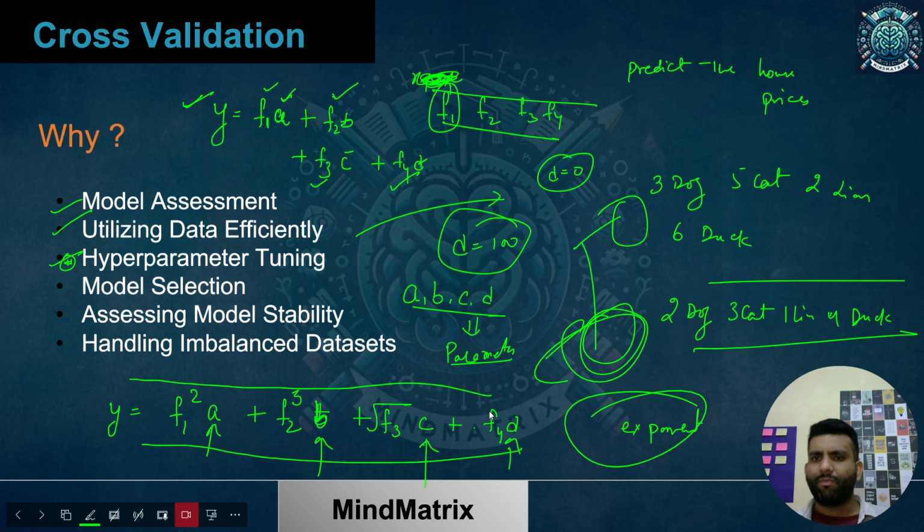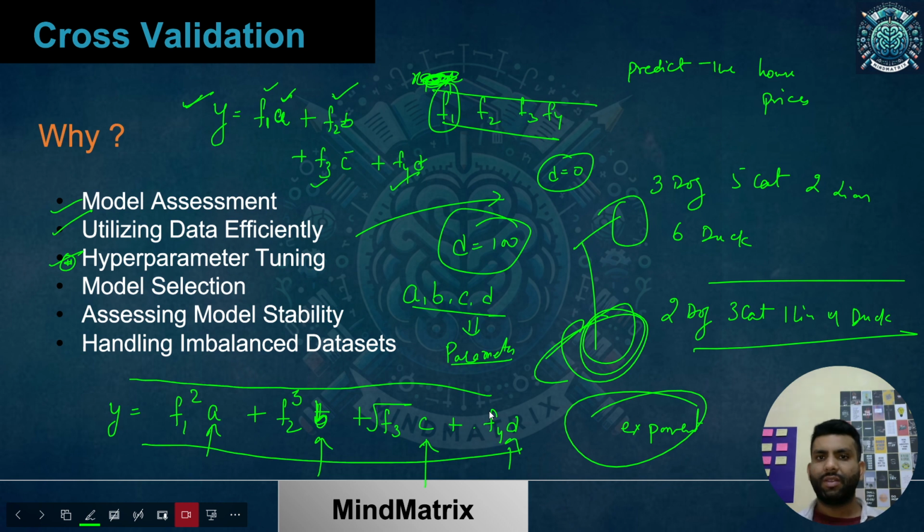A similar example: you must have heard about k nearest neighbor. I'm not going to go into the detail, but just take it as a good example. The value of k is a hyperparameter. For example, let's suppose I want to use k nearest neighbor for predicting the labels of some images.